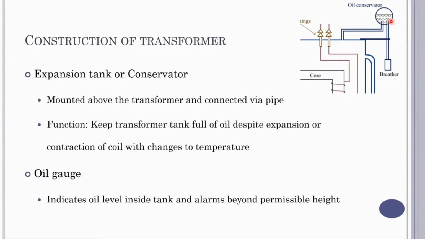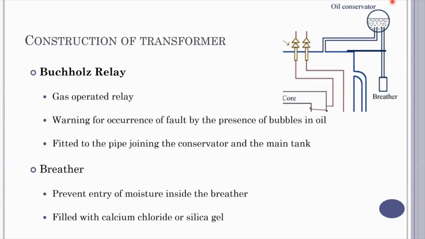and we always see the oil level there, and in case it is below the permissible height, then an alarm is blown. And apart from that, between the conservator and the main tank, we have one relay known as the Buchholz relay.